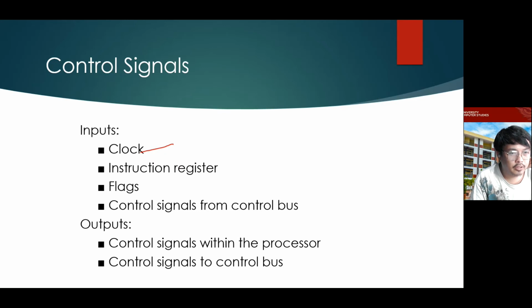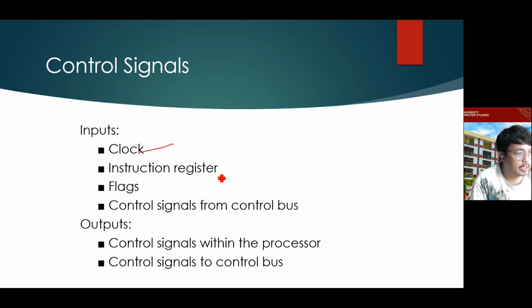The control unit causes one micro-operation, or a set of simultaneous micro-operations, to be performed for each clock pulse, the ticking of the clock. This refers to the processor cycle time or the clock cycle time.